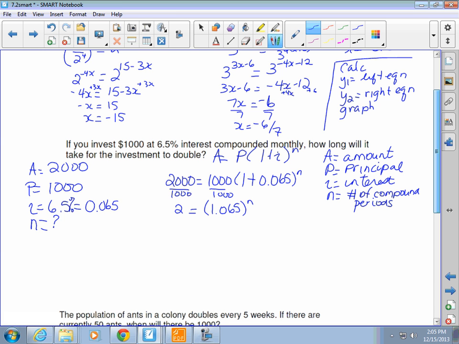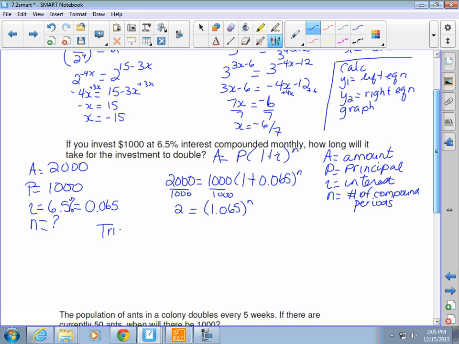Then what I need to do is find out how many times I have to multiply 1.065 to itself to get my answer, and my answer in this case is 2. So there's 2 ways of doing this. In one of our questions in the last section, I talked about that.